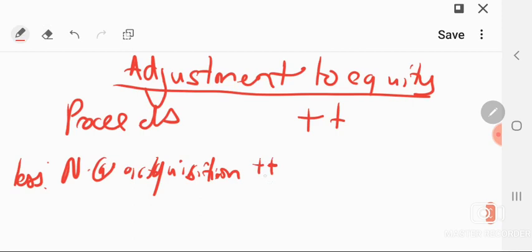Then you're going to get a percentage of NCI from these net assets. What do I mean by a percentage of NCI? Basically, the standard says get the portion of NCI. What that means is that you're going to get the portion of NCI that is being sold off.